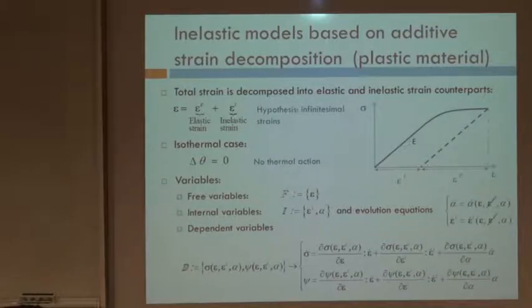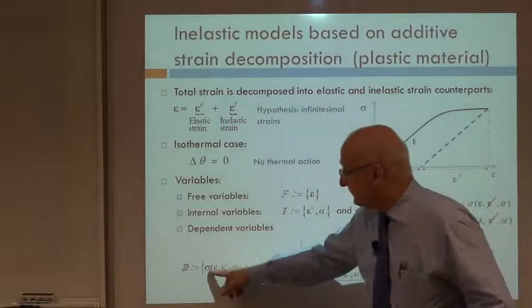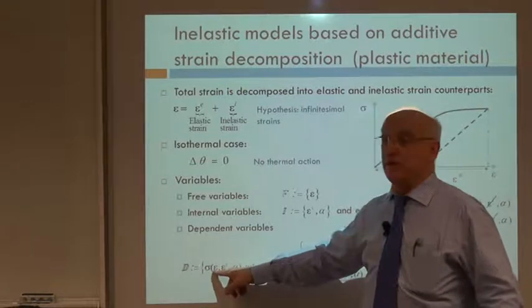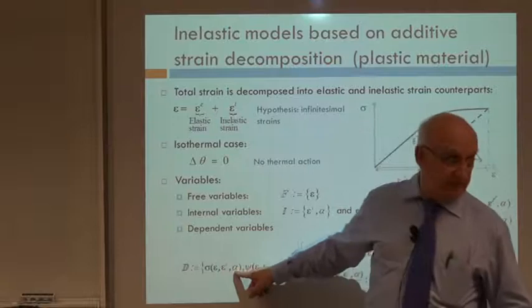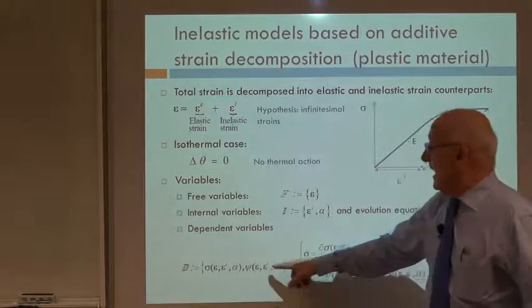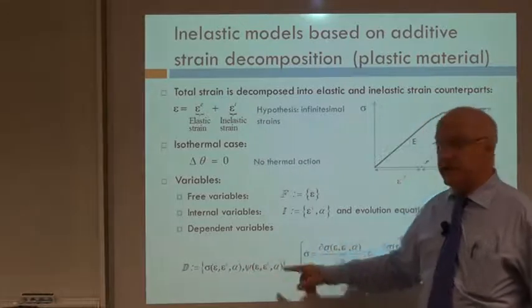And then the remaining variables are dependent. That means that all of them depend on the free and internal variables. So, for instance, the stresses will depend on the strain, the inelastic strain, and the internal variable alpha, and also the free energy will depend on the strain, the inelastic strain, and alpha.